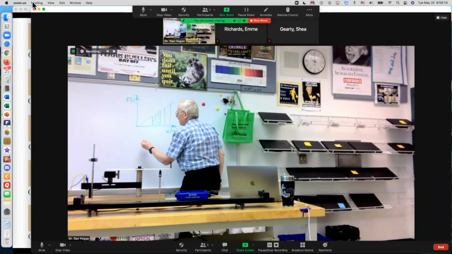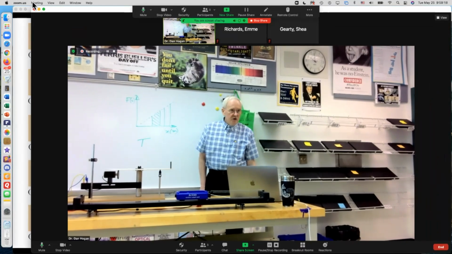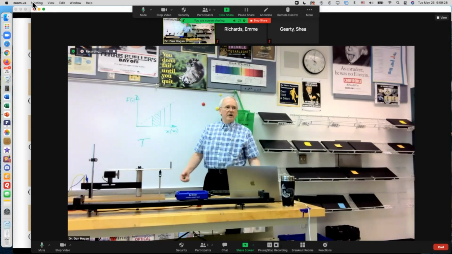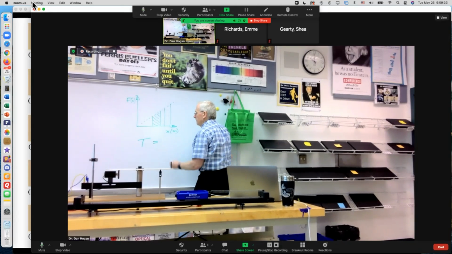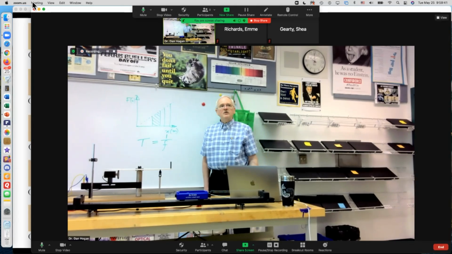The letter for period is a capital T. That's sort of confusing because when you get to thermodynamics, capital T is temperature. But we start running out of letters in physics, even with the Greek alphabet. And the letter we use for frequency is f when we're talking about mechanical vibrations.